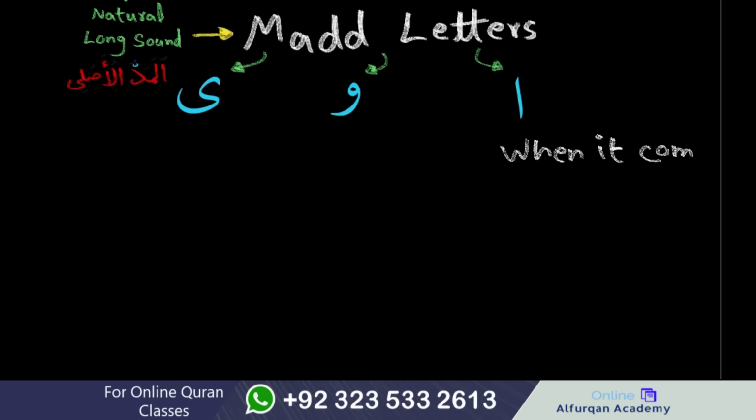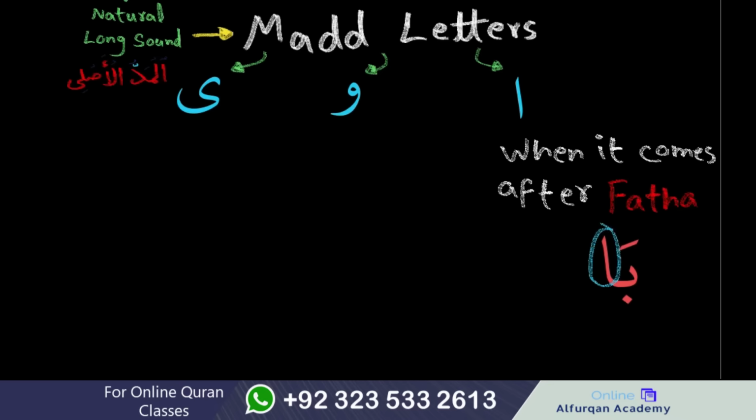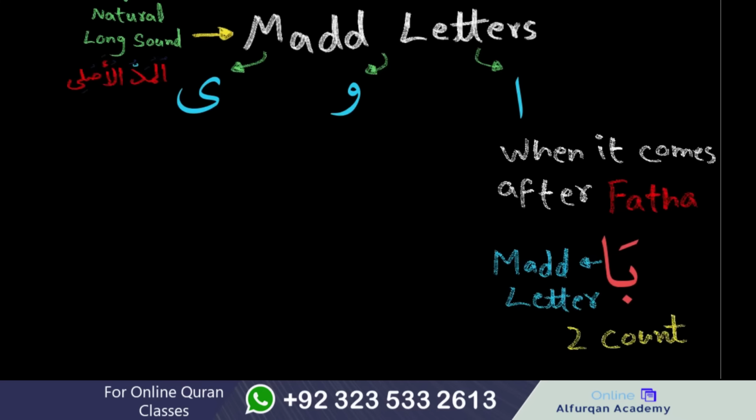Letter alif becomes a mud letter when it comes after fatha. Like in this example, ba has fatha, and after that we have letter alif. So this alif becomes a mud letter. The reason is it's coming after fatha. And because of alif, we are going to stretch the fatha sound for 2 counts.